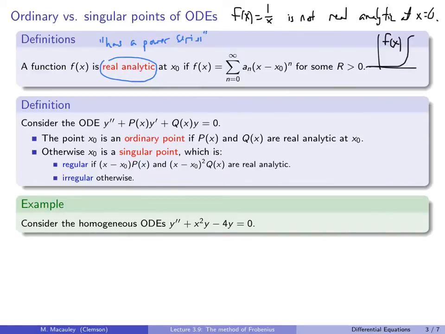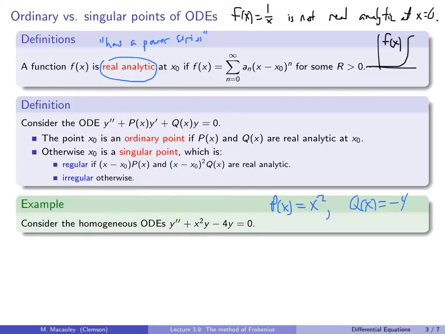Okay, so let's do an example. Here's a homogeneous differential equation. Let's write this in this form. Trust me, this is easier than it looks. So in that case, p of x equals x squared, and q of x equals -4.